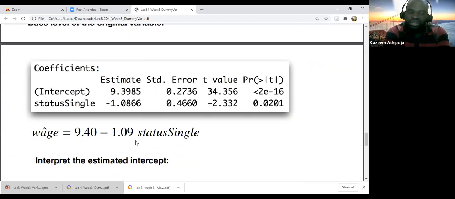I'm going to repeat myself again. When the status single equals 1, you are actually going to determine the wage of single. When the status single equals 0, you are actually going to determine the wage of married.